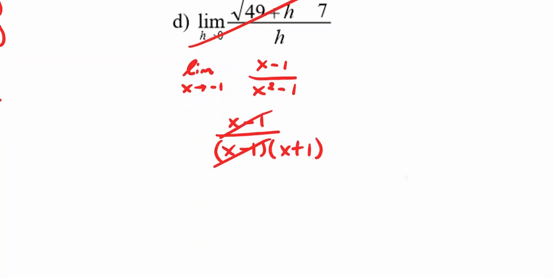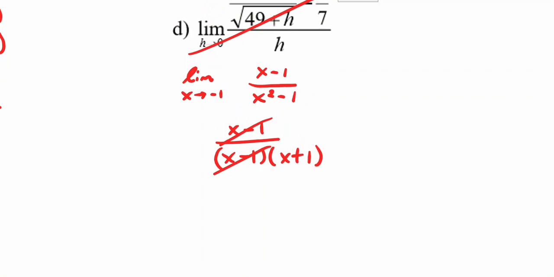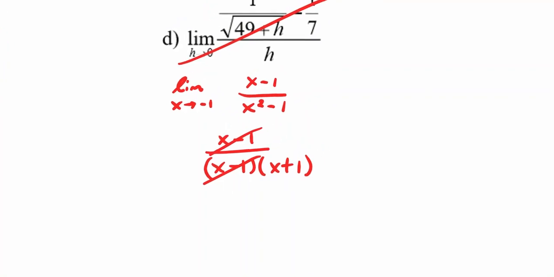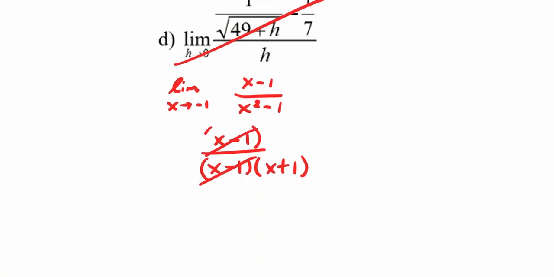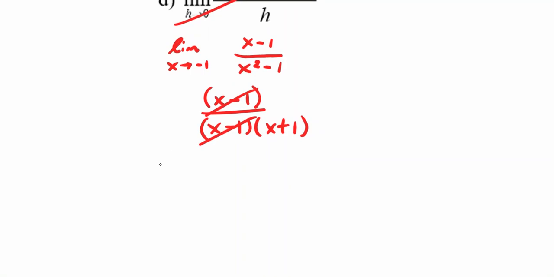Alright guys, so if you're watching the video too, if you're confused, that's probably for a good reason. Once you get to this point, if you say, okay, I've canceled these out, I factored that top and canceled them, then you'd end up with the limit as x approaches -1 of 1 over x plus 1. Do you guys see what the issue is here?